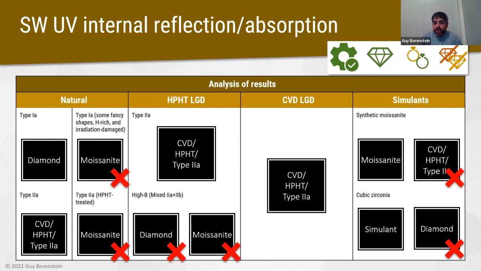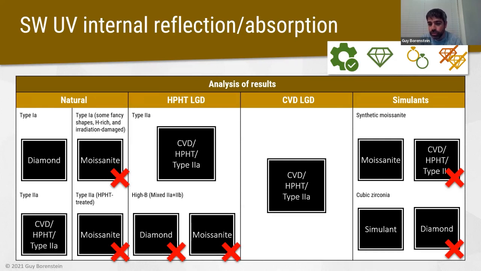Unless we are talking about type 2A that has been HPHT treated, and then in some cases it's identified as moissanite. Again, false identification. If we are looking at HPHT stones, then type 2A will be identified very easily. But we have a new production in the market.